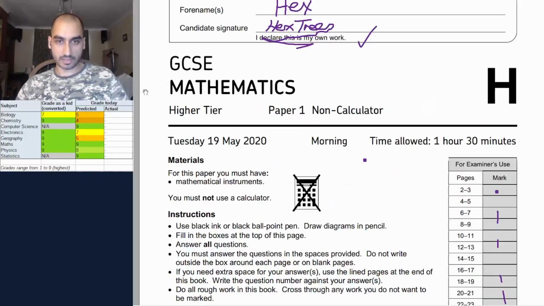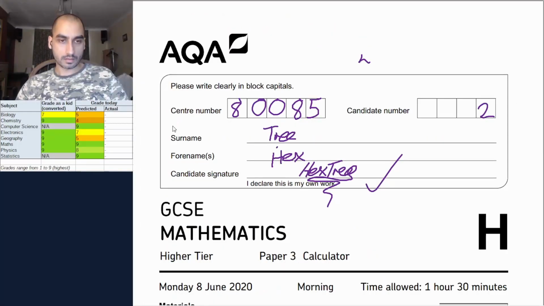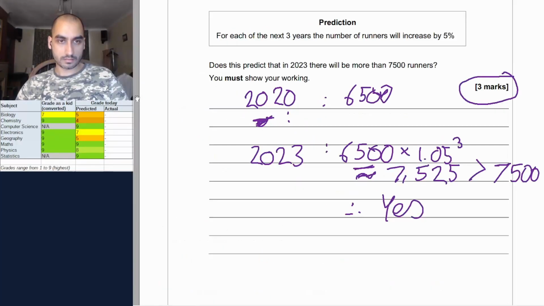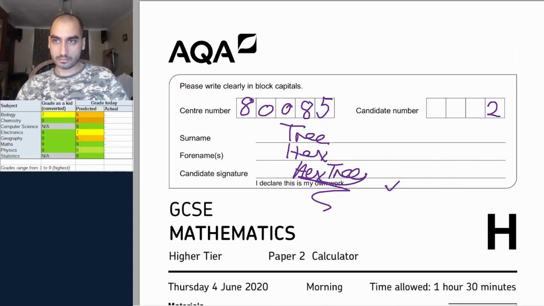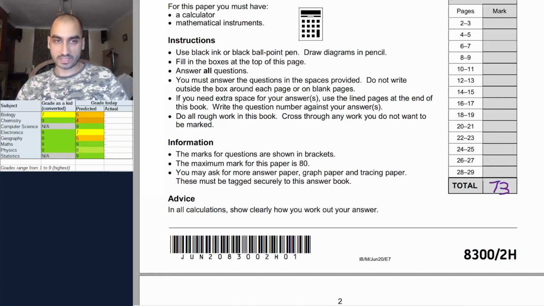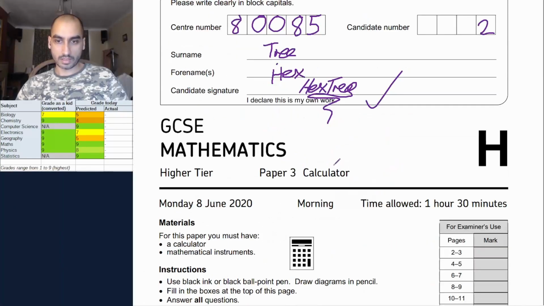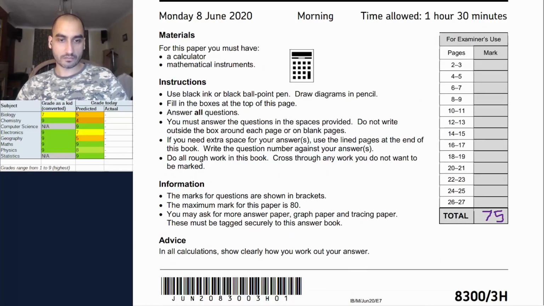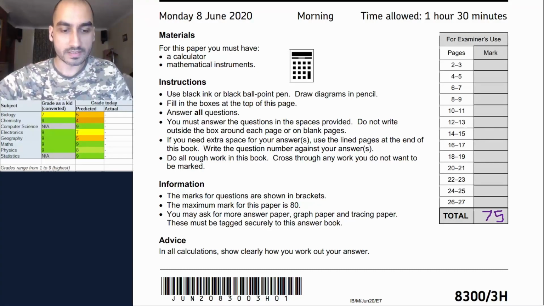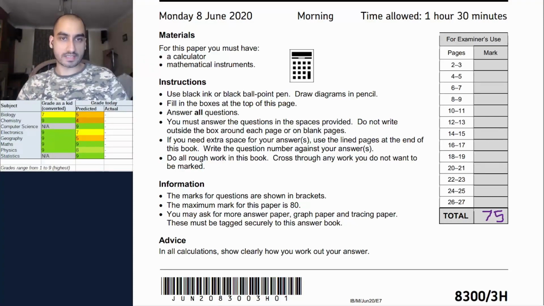So first paper I got 78. Then I got 73. And then I got 75. 78 plus 73 plus 75. 226 out of 240 is what I got.